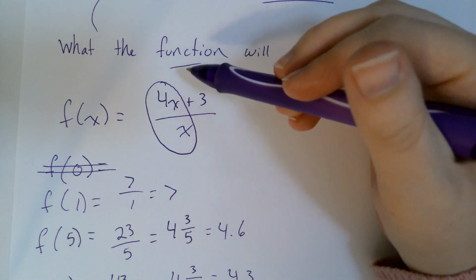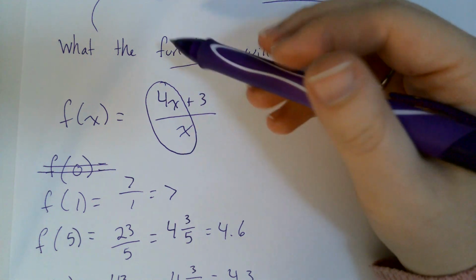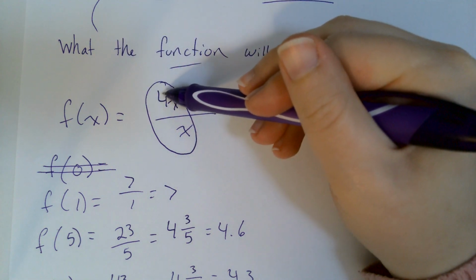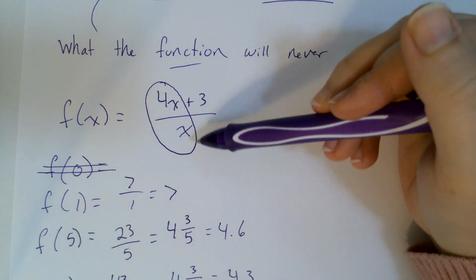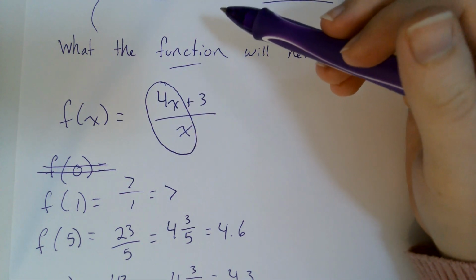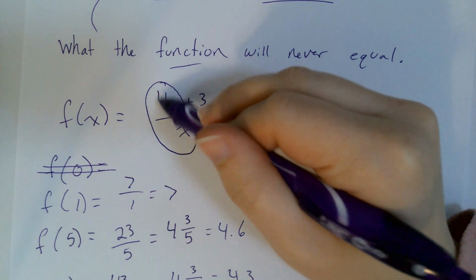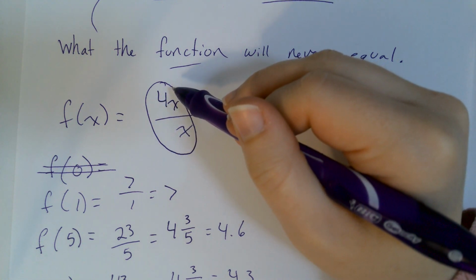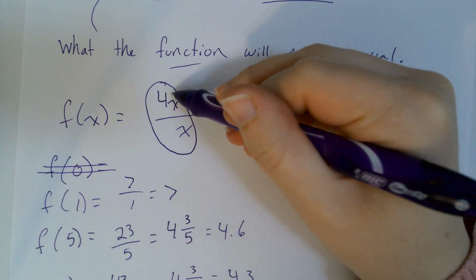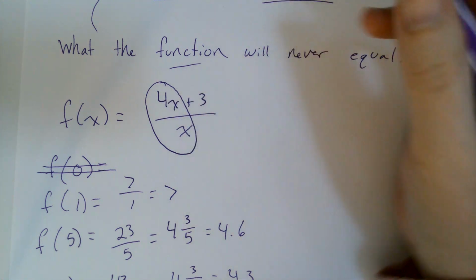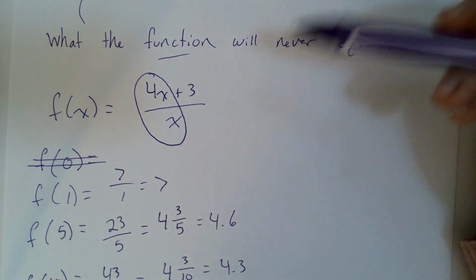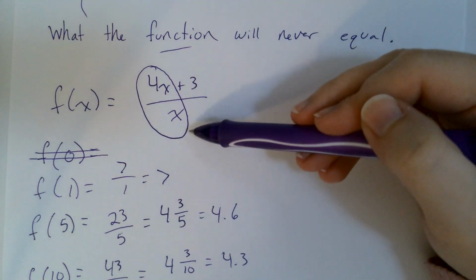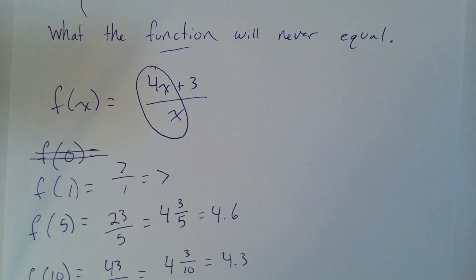So when we have the same degree on top and bottom, we can just take the leading terms and divide them. And the leading term means the term with the highest exponent, right? So here it's our 4x and our x. And I'll give you some more examples so that you know more what I mean there. But that's another way we can find the horizontal asymptote.